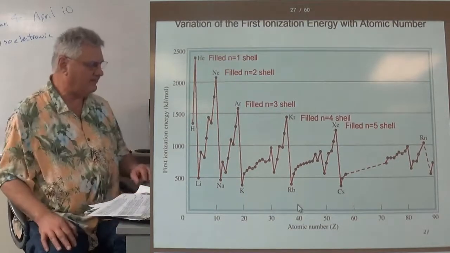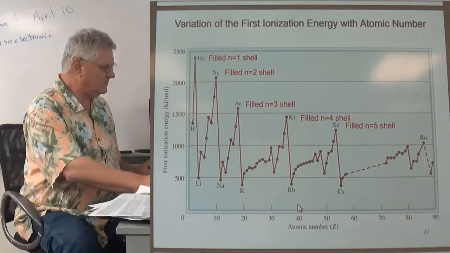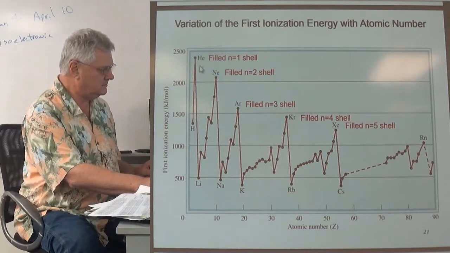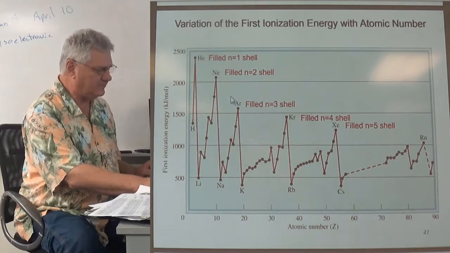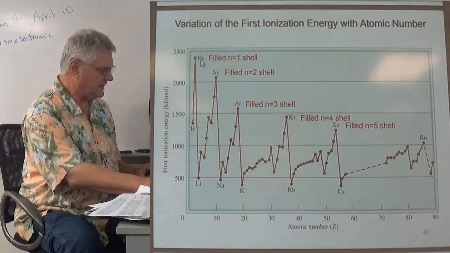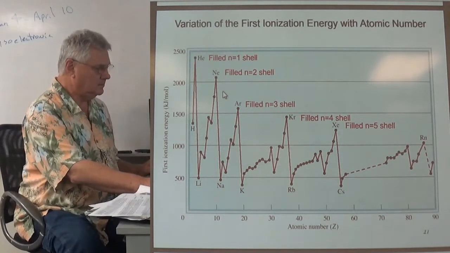But here is a nice graph that shows, based on the position in the periodic table and relative to elements near it, notice that the most difficult elements at the top of these peaks are all noble gases. So it takes more energy to ionize helium than it does hydrogen or lithium. It takes more energy to ionize neon than the elements on either side of it on the periodic table.